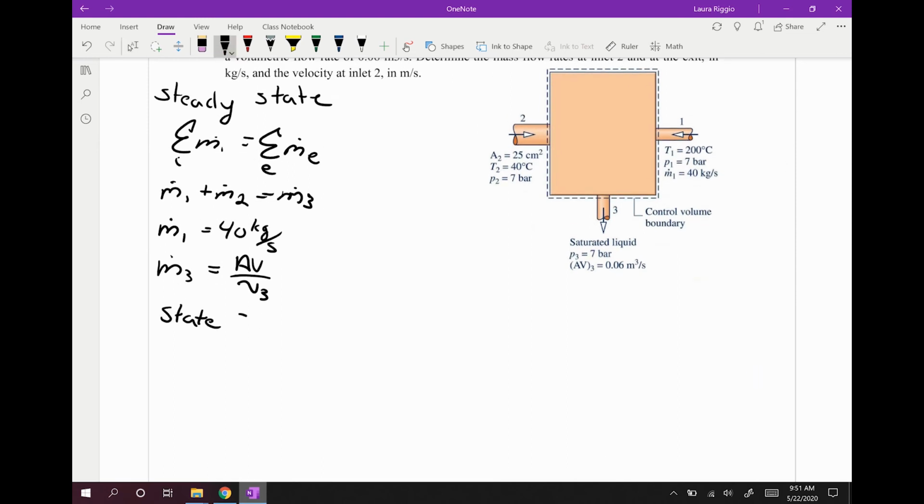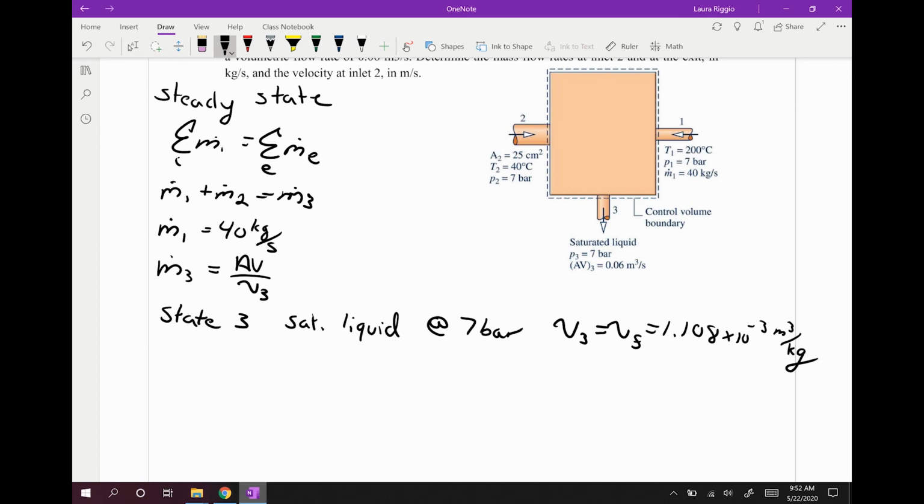So let's fix state 3. State 3 is saturated liquid at 7 bar. From table A3, I get v3 is equal to vf, which is 1.108 times 10 to the minus 3 meters cubed per kilogram.